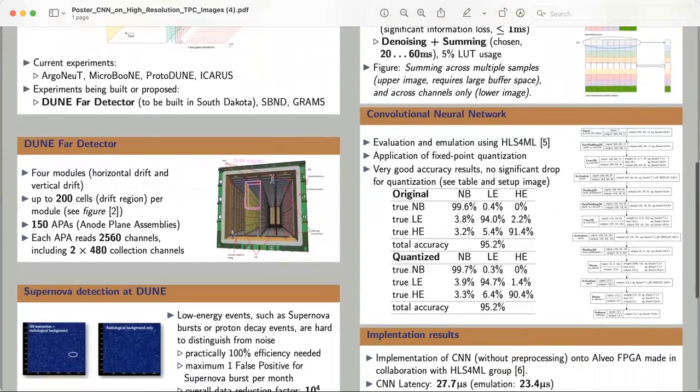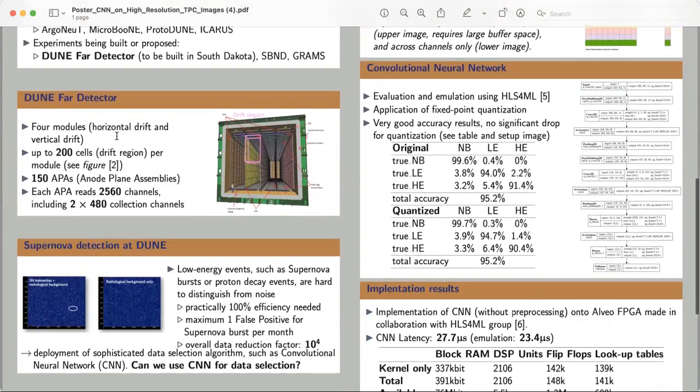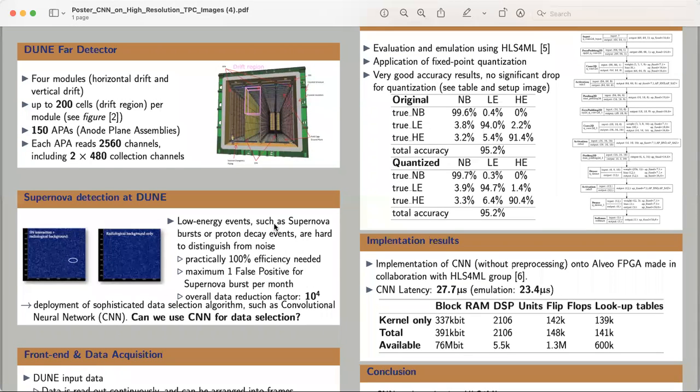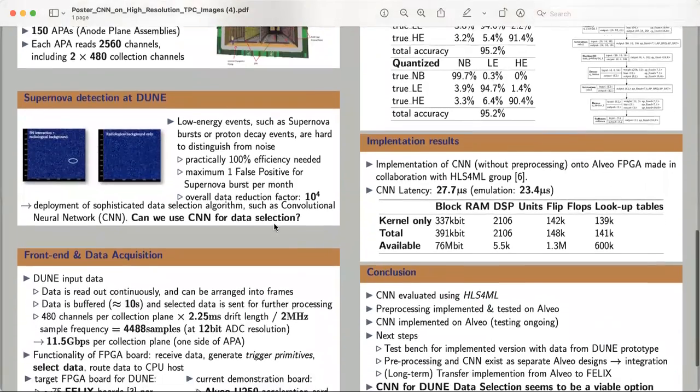The DUNE far detector consists of 4 modules with both horizontal drift and vertical drift to look at beam particles and atmospheric particles, that each consist of up to 200 cells or drift regions, as indicated in the picture, and 150 APAs. Each APA can read up to 560 channels, including 2 × 480 collection channels.